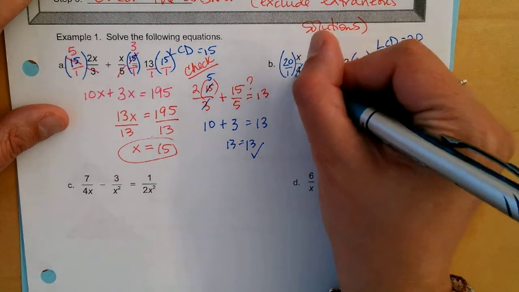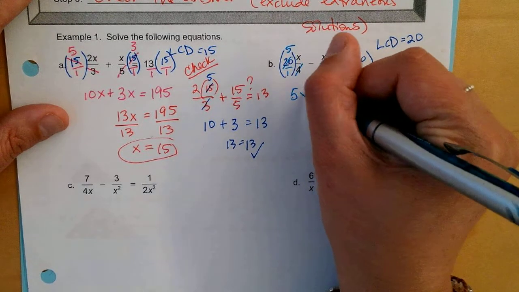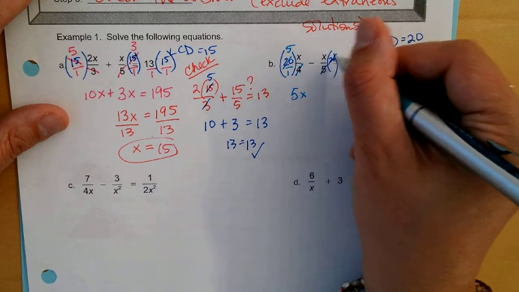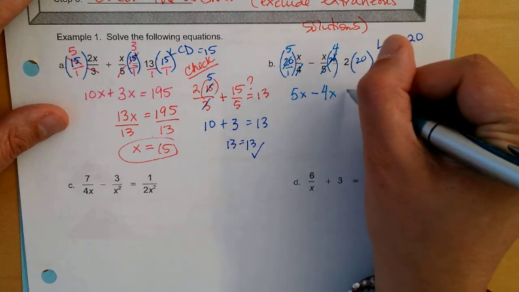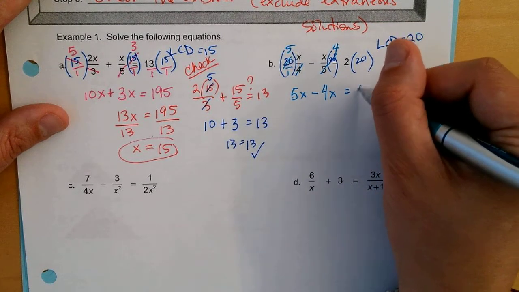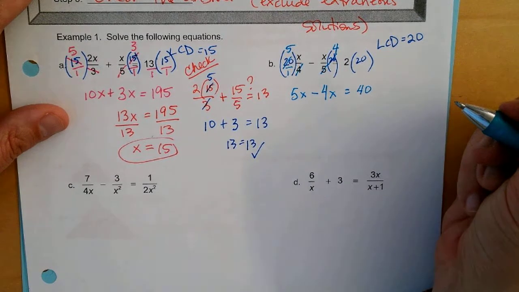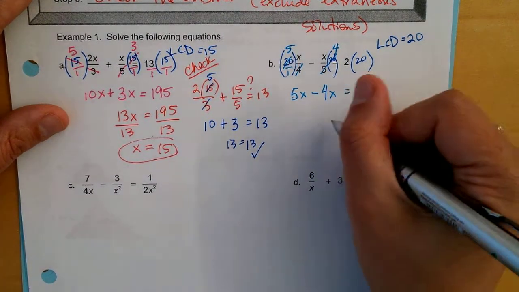We can cross cancel. 4 goes into 20 5 times. 5 times x is 5x. 5 goes into 20 4 times. I have minus 4x equals, what's going to be on the other side? 40. Good, because you multiplied 2 times 20. Now we solve. What do I get when I solve?